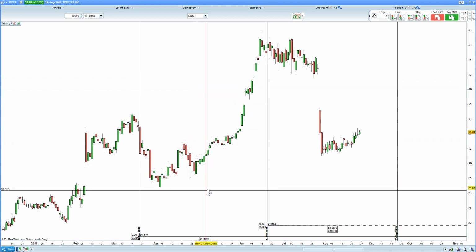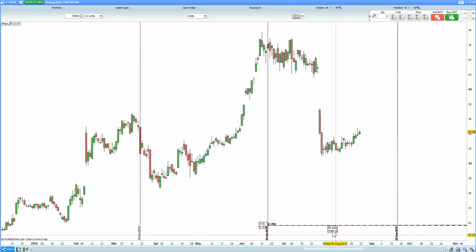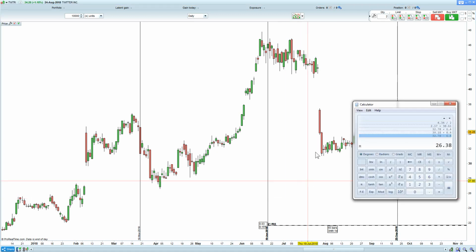Now let me show you really quickly summertime, which is the season we're at right now. Go ahead and delete this. Summertime is 65 bars. Now let me get the calculator back up. Remember, this was the last trading day of spring, and this is the first trading day of summer. We're going to use the price level from this first trading day of summer.